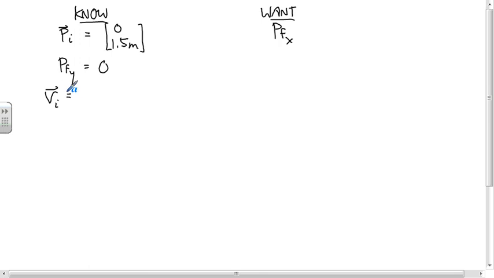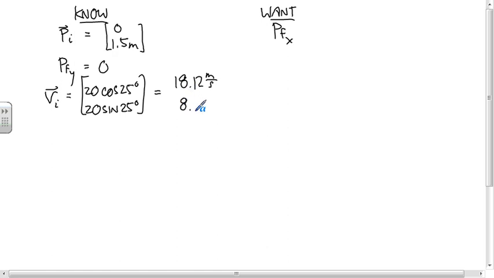So vi is 20 times cosine of 25 degrees, 20 times sine of 25 degrees. And that is 18.12 meters per second x, 8.45 meters per second y.